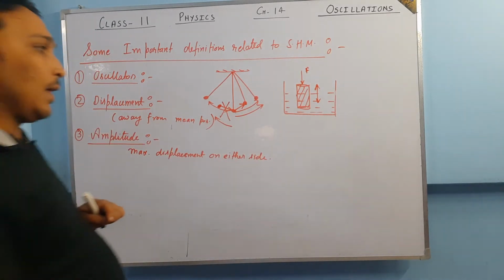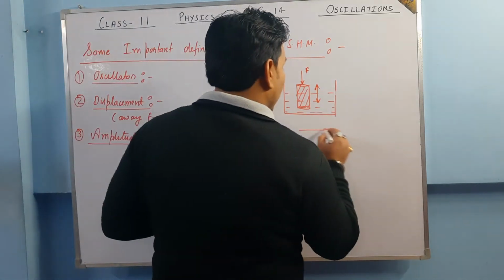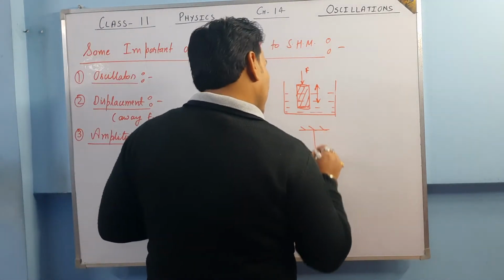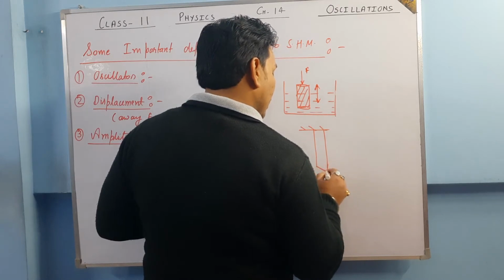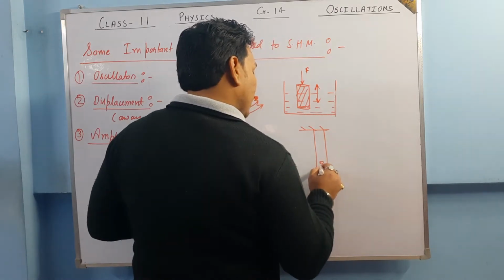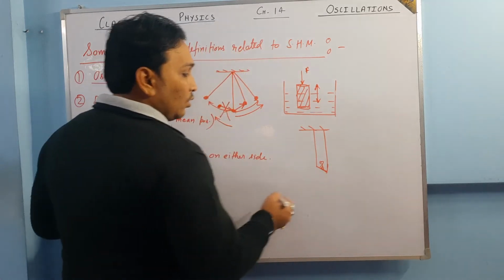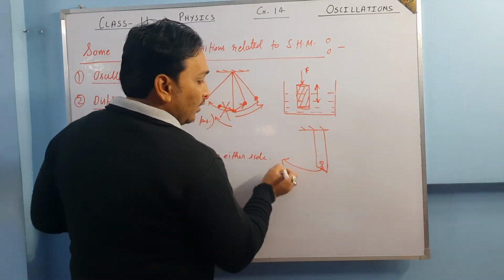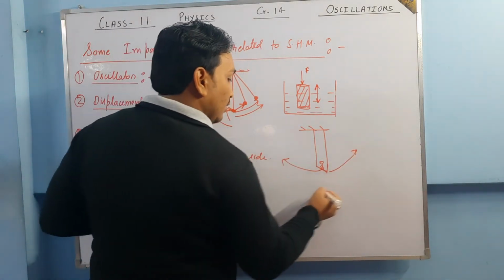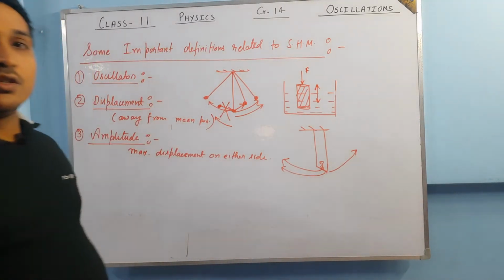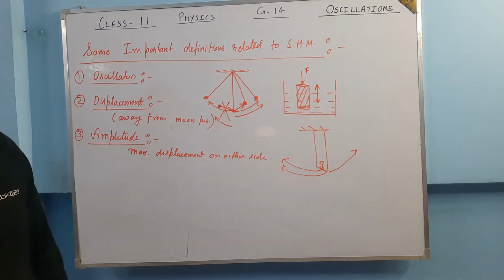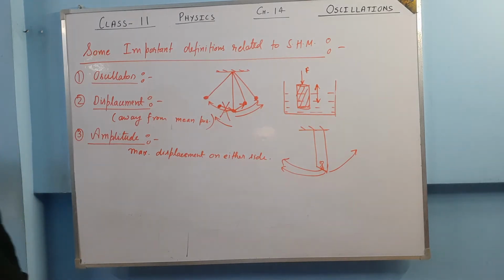You must have enjoyed a swing. If this is a swing and this person is you, now if this swing is going this side and that side, then this is the maximum displacement the swing is having. This is going to be the amplitude. Amplitude is maximum displacement on either side.